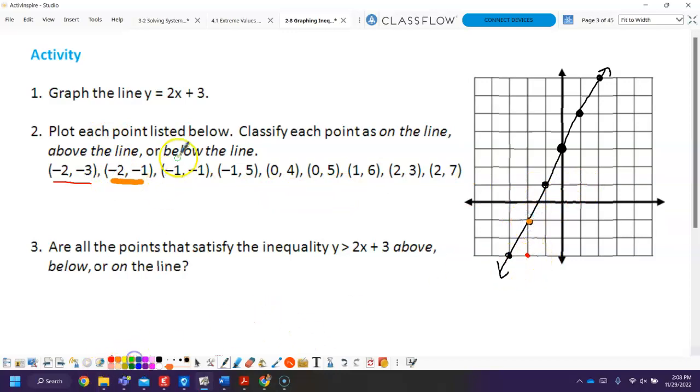Then I have a point at -1, -1. A point at -1, +5. Zero, 4.